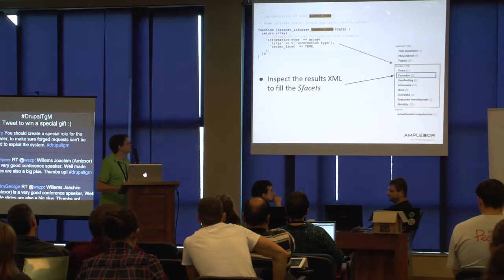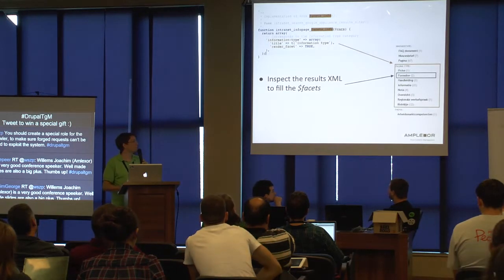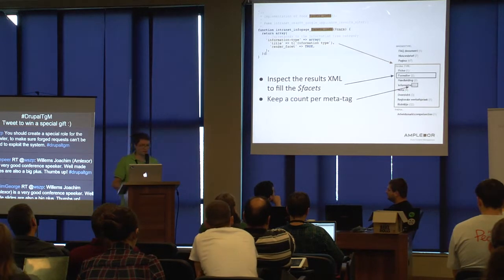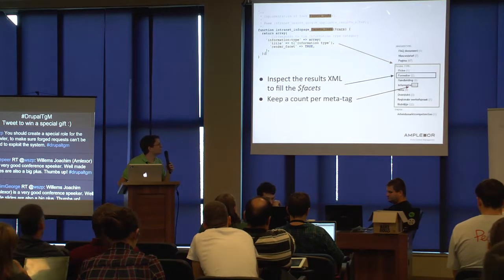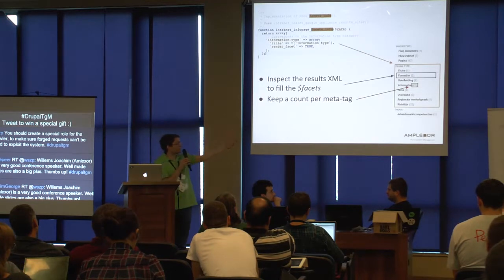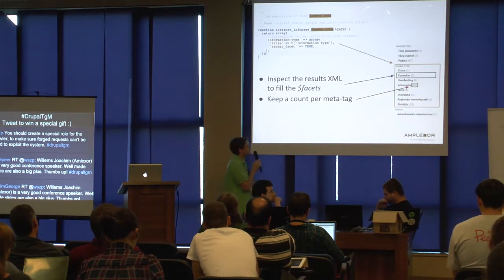So we inspect the results, the XML payload from the appliance, to fill those facets. And we use the count that the appliance is responding to us. And we give them back in the filters. So you see in the result you're getting how many of those documents have, for instance, the tag nota for.